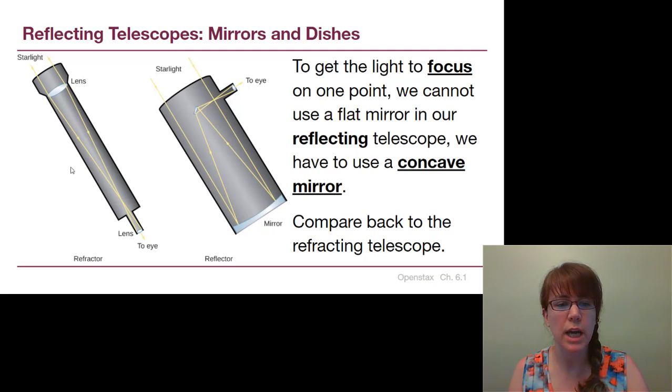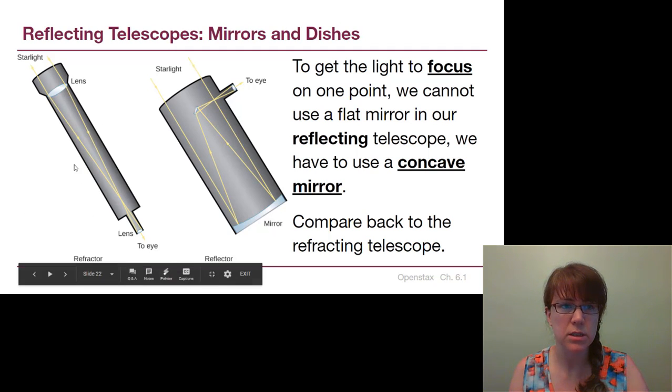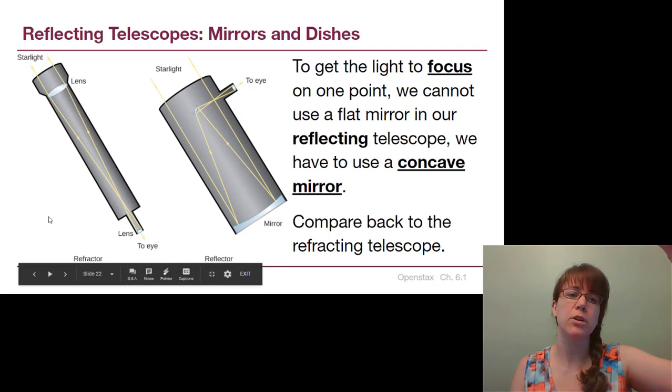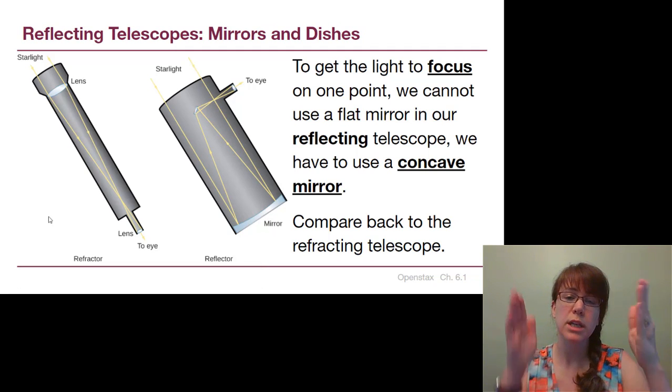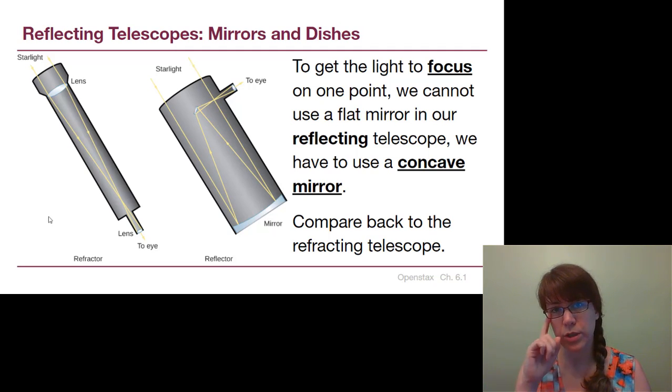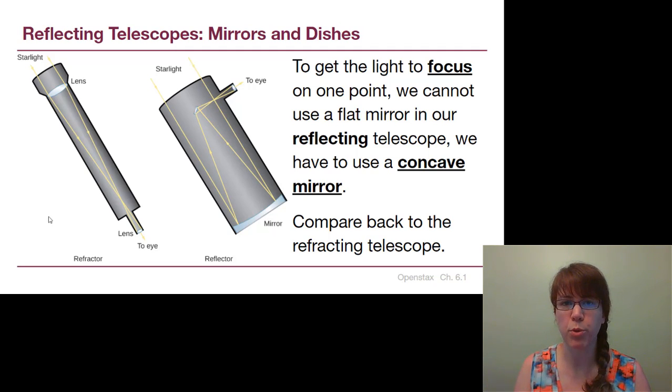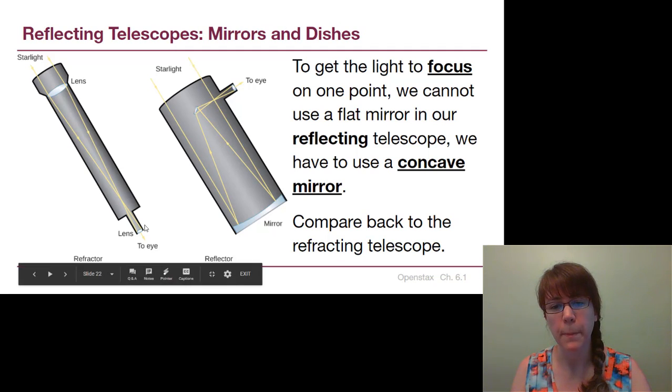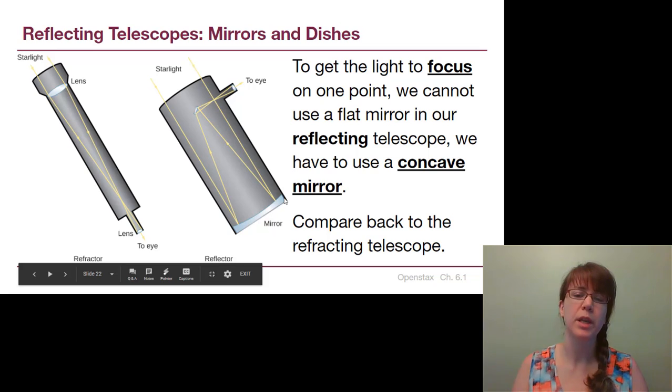So if we look on the left here, we have a refracting telescope. The sunlight or the starlight comes through the lens, it focuses in at a point, and then the eyepiece that we're using is far enough away from that focus point to make the image that our eyes are going to see. For a concave mirror, we're talking about this slightly curved mirror at the bottom of this reflecting telescope on the right side.